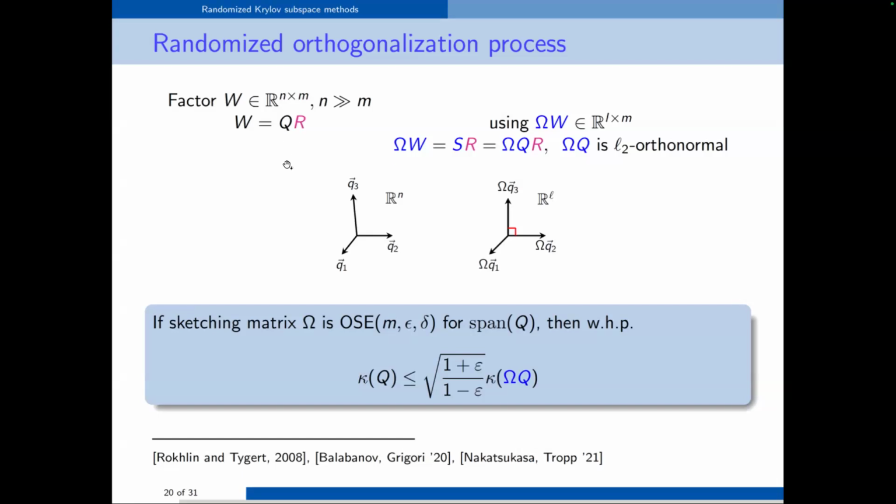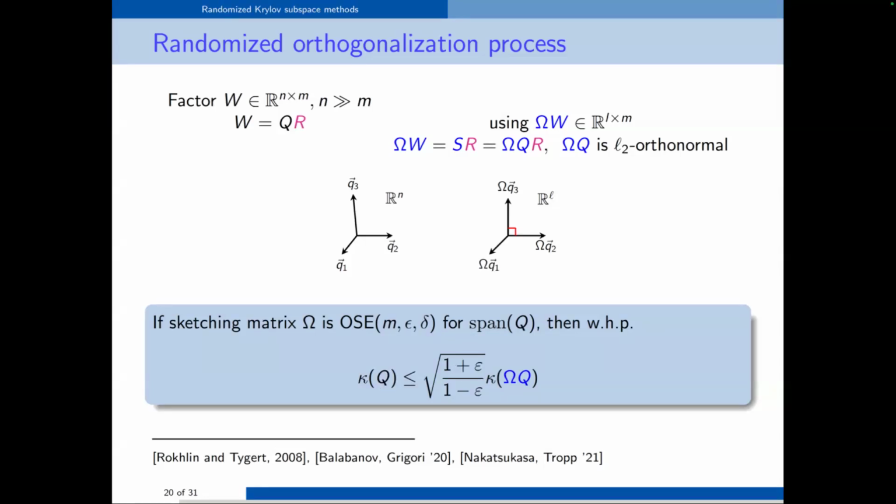And what is a very nice property of those sketching matrices is that if I'm taking omega to be an oblivious subspace embedding for the subspace spanned by the columns of Q, then we know that with high probability, the condition number of Q is smaller than O of 1 plus epsilon times the condition number of the sketch of Q. And what we can observe here is that if I have an algorithm for which the sketch of Q is orthogonal, then I will obtain a matrix Q which is very well conditioned.